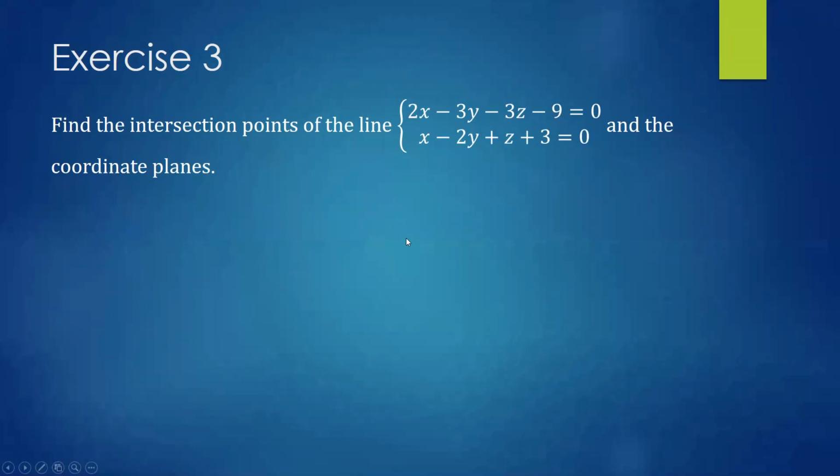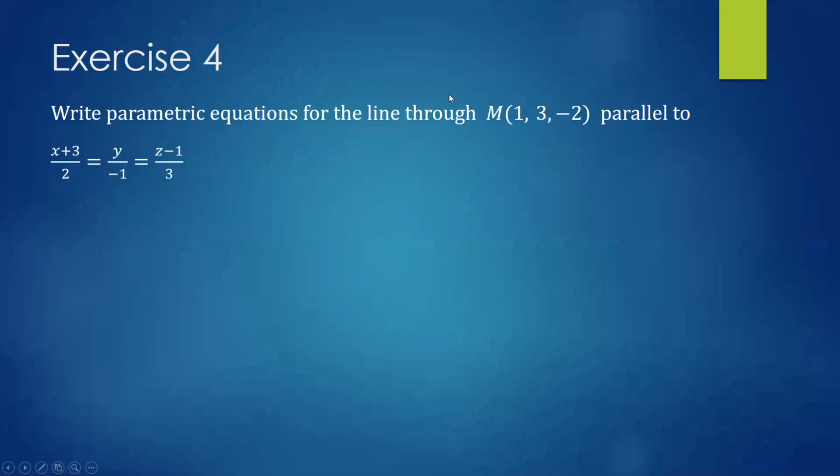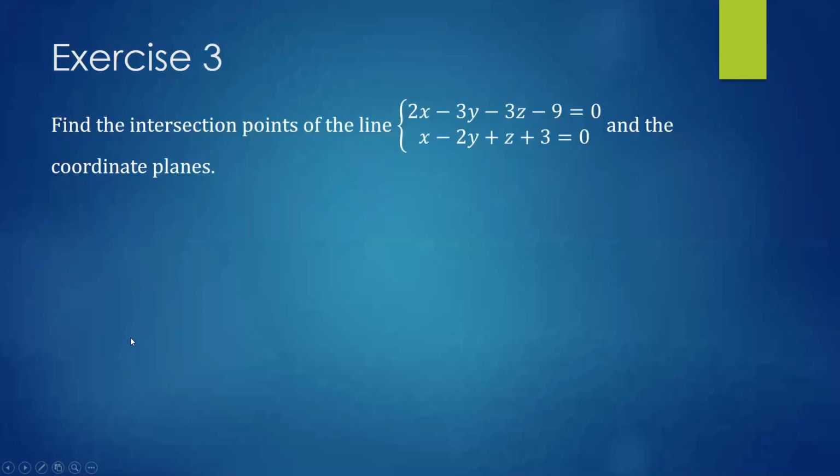Finding intersection points of the line given by, again, two planes, and the coordinate planes. And the thing is, we do not need to find the canonical equations for this. So, all right, these are equations for a line.